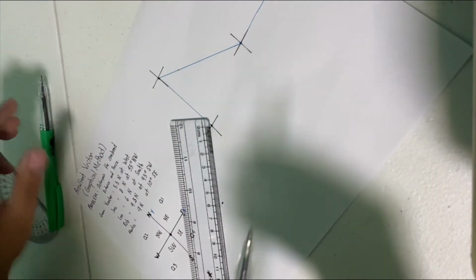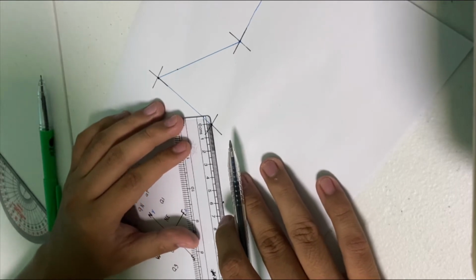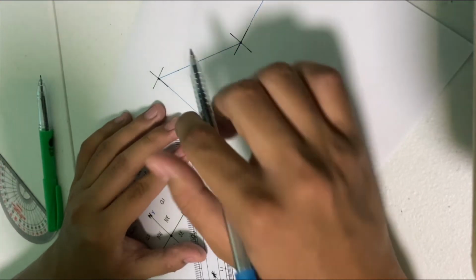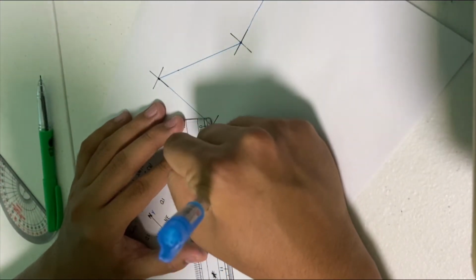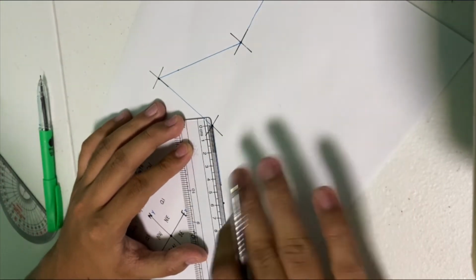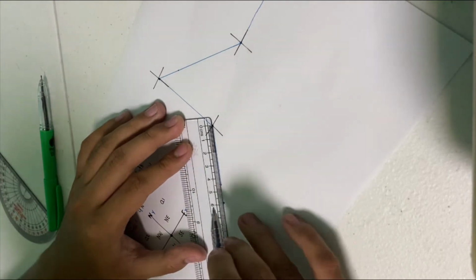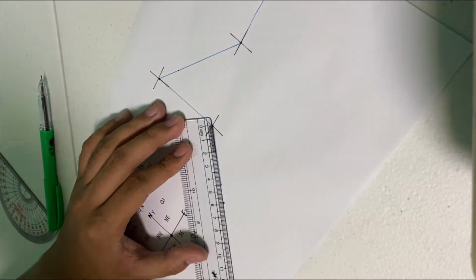So again, I'm going to need to use this, 4.5. Sometimes you don't need to mark it when it's basically here in the centimeter and it's not going too long.